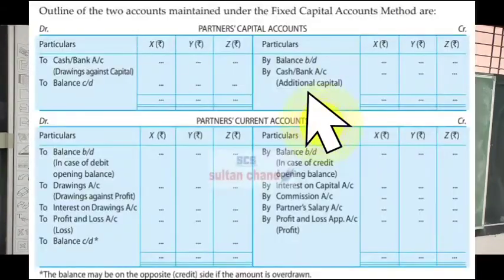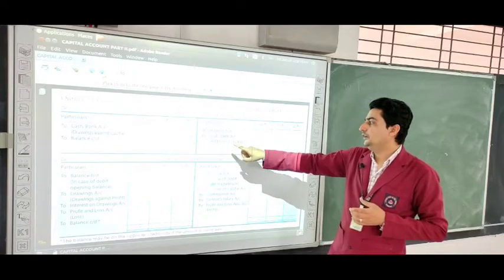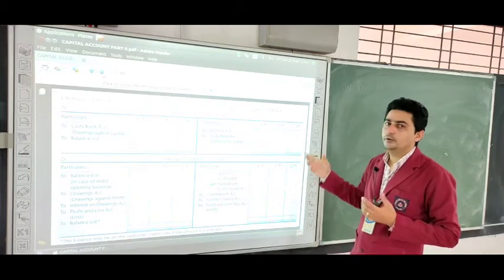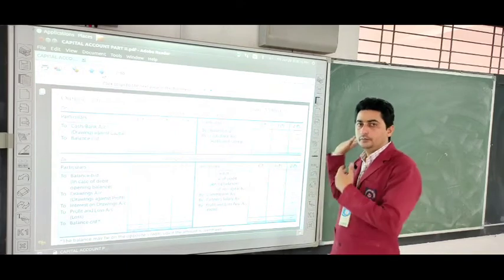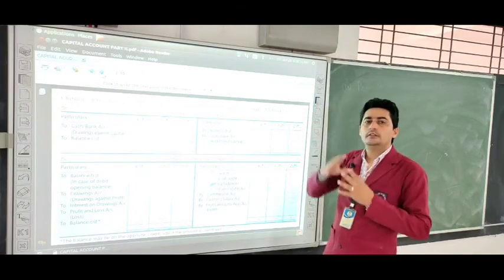Then if additional capital is brought in, if partners bring more capital, then it will be credited, by cash or bank, additional capital X, Y, Z. For example, if only Y is bringing, we will write only in Y's column. If all three are bringing, we will write in all three columns.